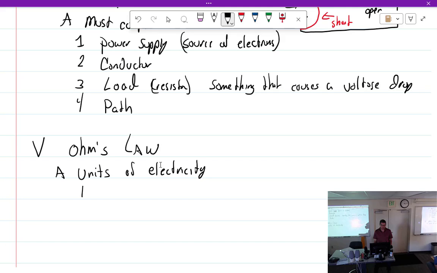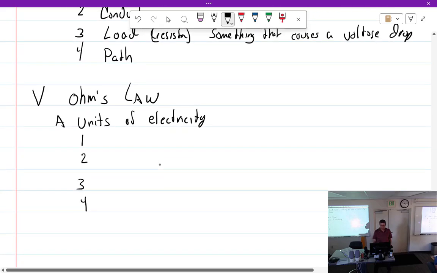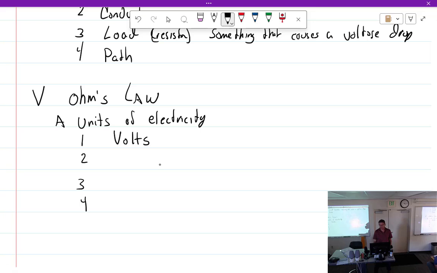What were my units? We've already talked about them. I have 1, 2, 3, and 4. We talked about 3 out of 4. Voltage, which its symbol is E. What else we got? Current, which is measured in amps.